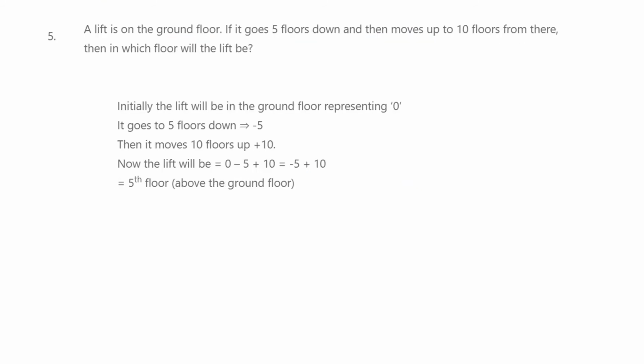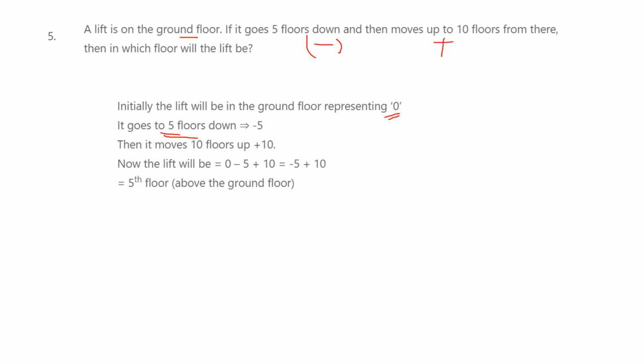A lift is on the ground floor, fifth sum. If it goes 5 floors down, that means minus, and then moves up 10 floors, plus 10, then in which floor will the lift be? First, initially the lift is on the ground floor. Ground floor means it is 0. It goes 5 floors down means -5. And then it moves up means +10.